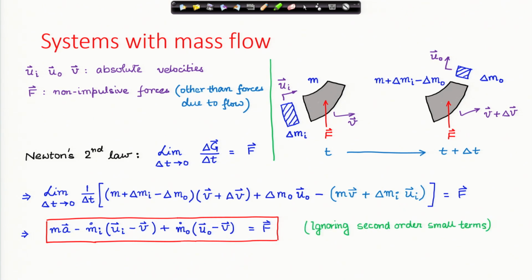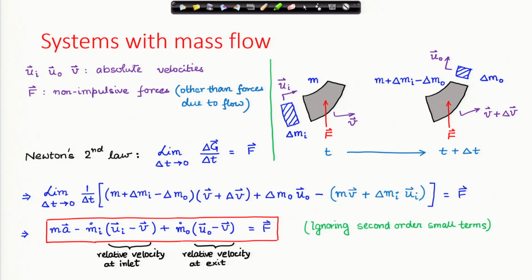Of course, we have ignored the second order small quantities, and what definitions have we used? This you see is the relative velocity at the inlet. At the inlet of the system, u_i minus v is the velocity of this delta m_i with respect to the system. At the exit of the system, u_o minus v is the relative velocity of delta m_o at the exit with respect to the system.